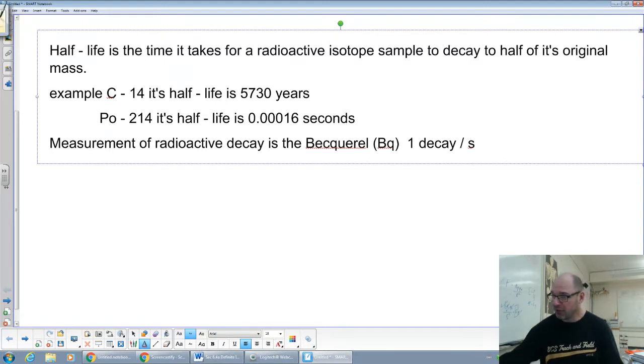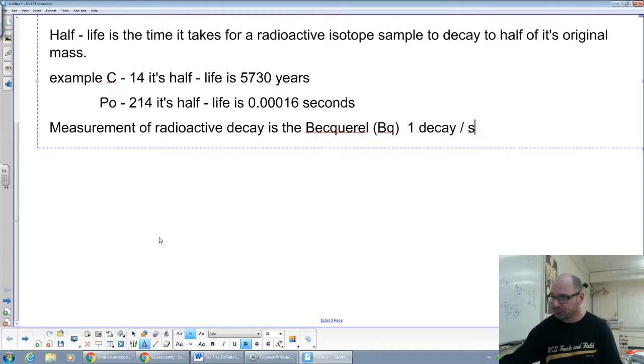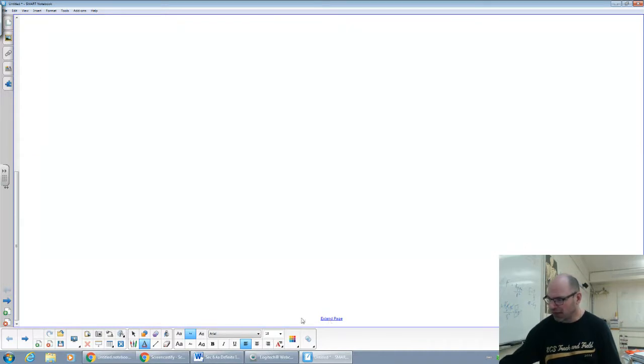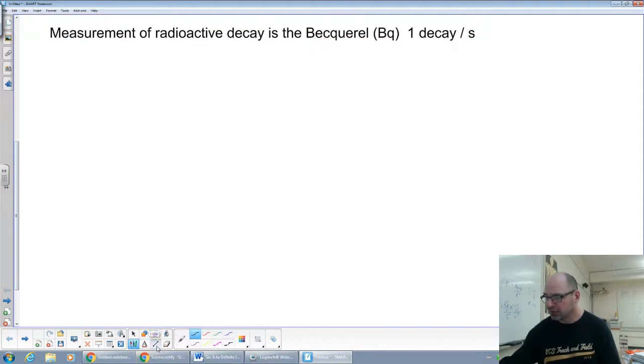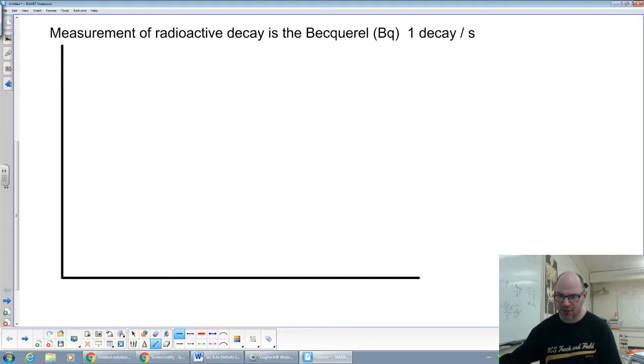Okay? And if we look at the activity graph, typically of a radioactive element, let's use a straight line here. The horizontal is our time and the vertical is our activity, the number of radioactive particles, or becquerels, if you like that unit, which is a pretty good unit.